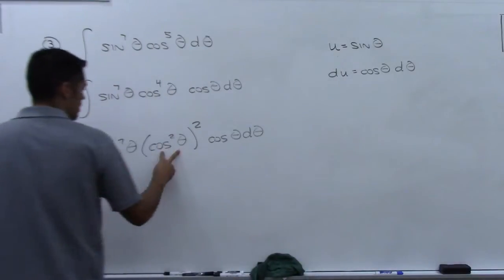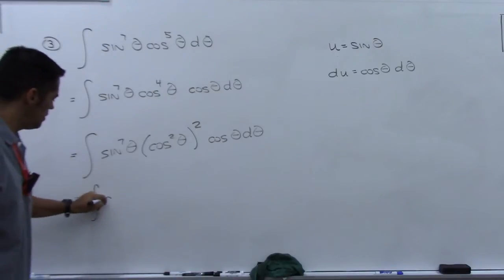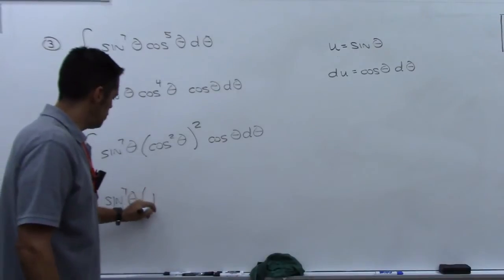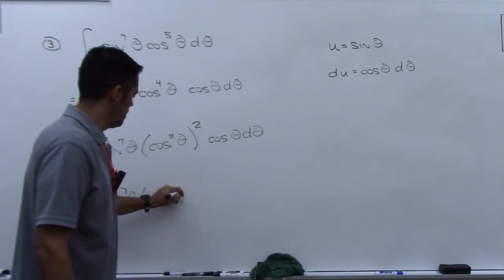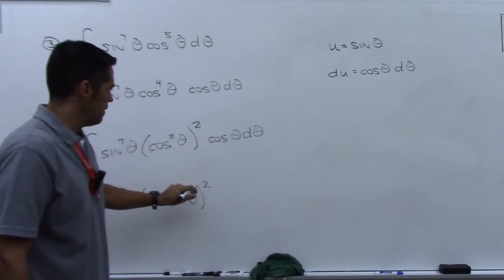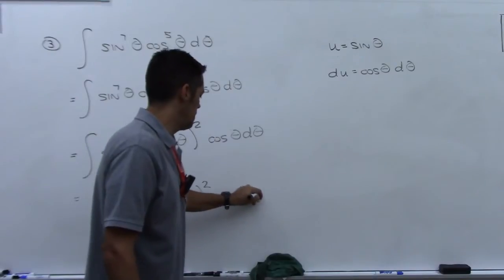Now I can use the Pythagorean identity. So we have integral sine to the seventh theta, and then 1 minus sine squared theta, that entire quantity squared, and then cosine theta d theta.